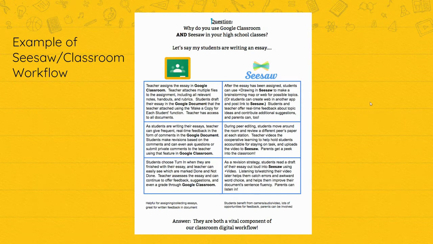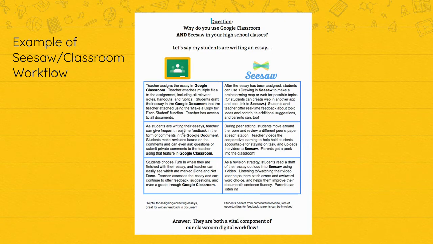This is another example that takes place in a high school class. This is the writing process. This teacher is having her students write an essay. So this is the example of the Seesaw Classroom workflow process. It moves this way. A teacher begins by assigning the assignment in Google Classroom, and then moves into Seesaw, where students do some brainstorming and mapping.